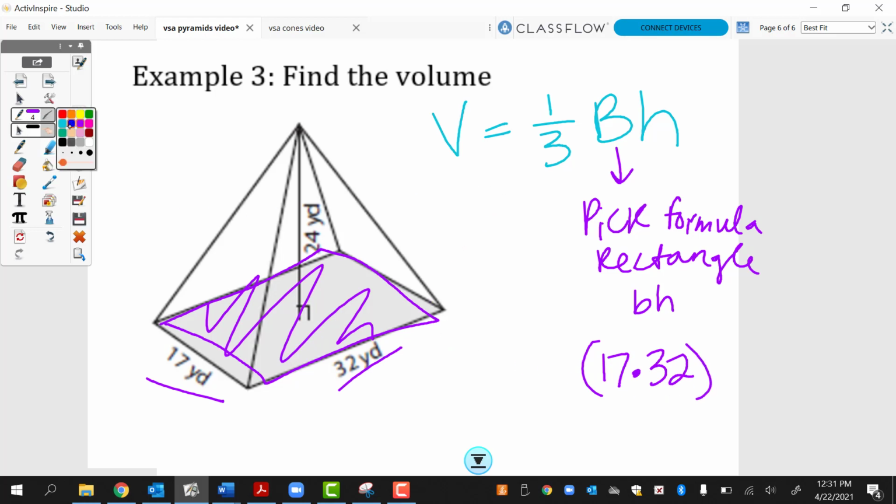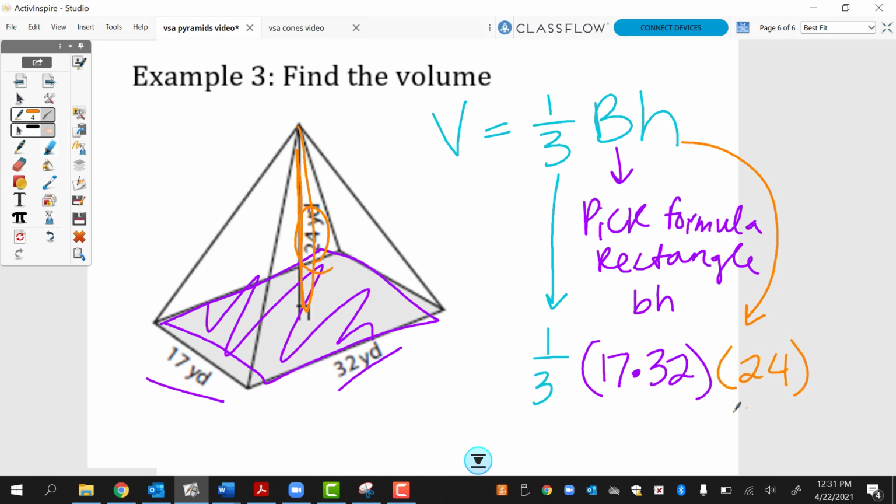I'm dropping down that 1/3 in the front because that's just part of the equation. I don't need to substitute. And then the height of the pyramid is this line in the middle that I just drew through, which is 24.